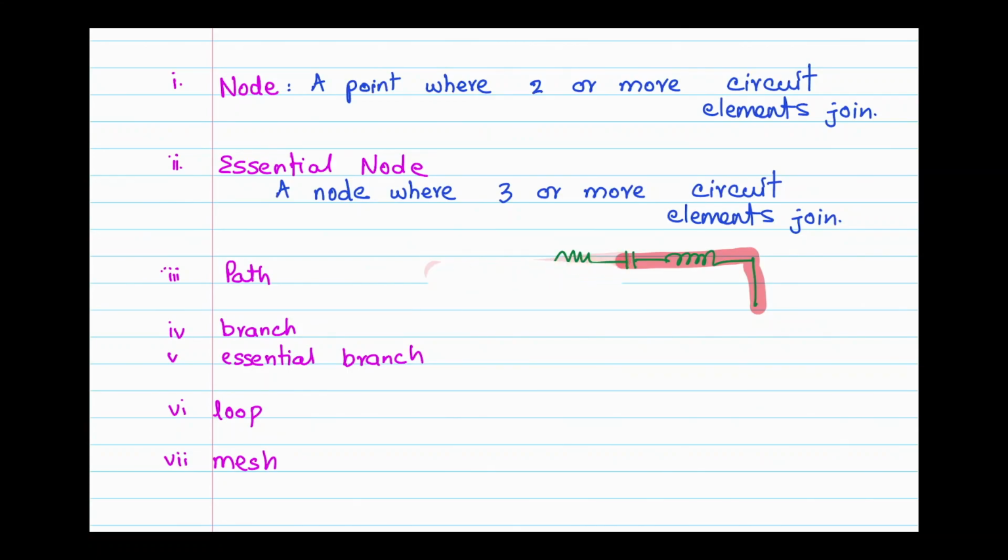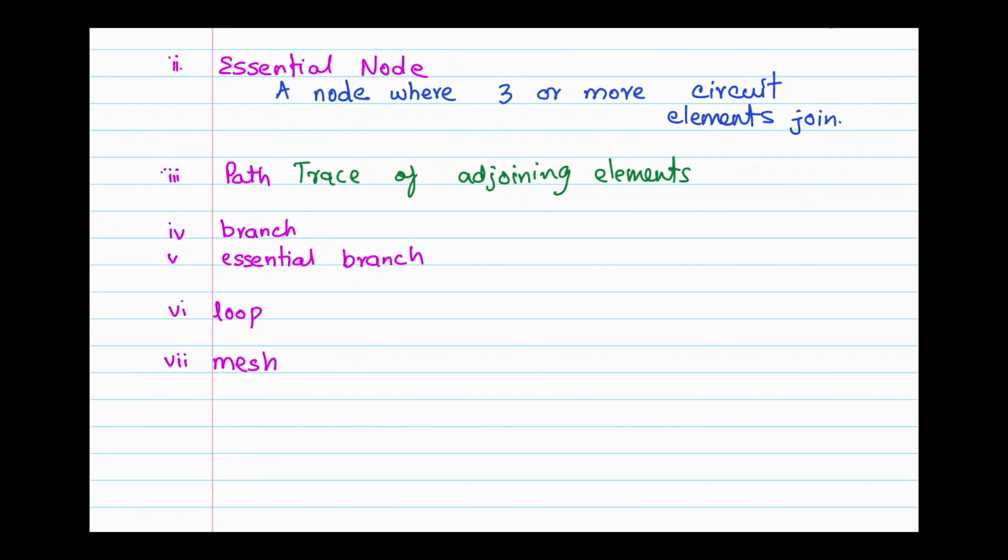Now, quick definition: it's a trace or a path followed, trace of adjacent, really adjoining circuit elements where you are not following through a circuit element a second time. Okay, I'm going to show that with an example.